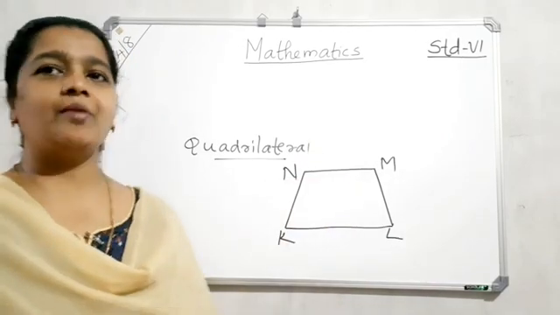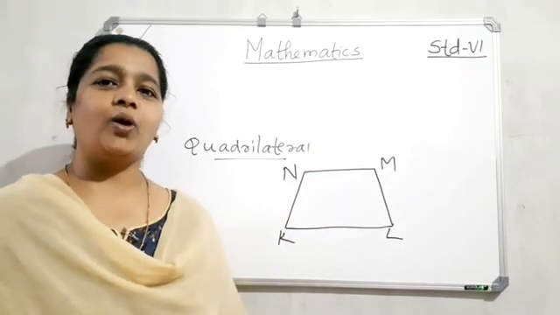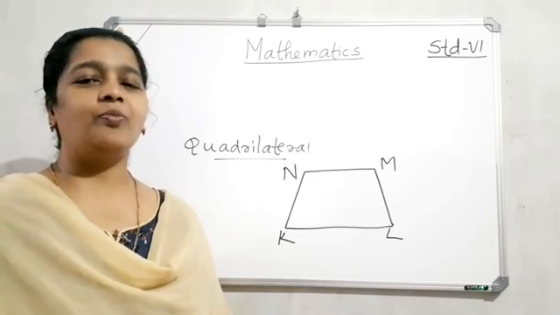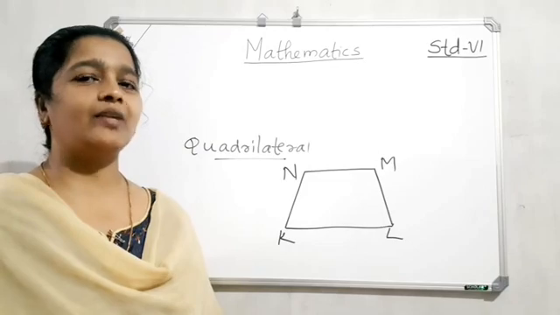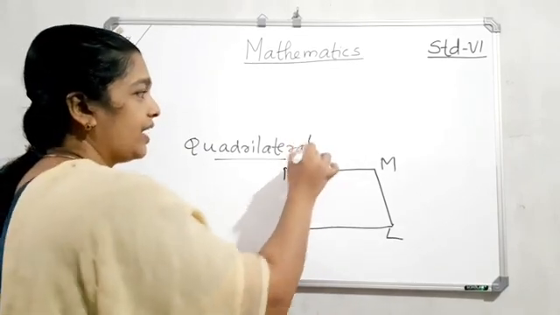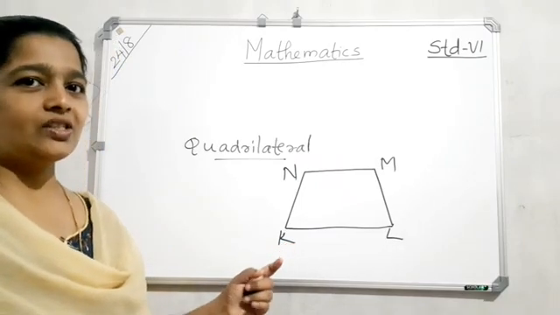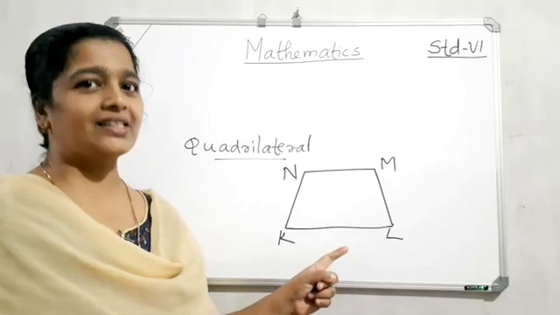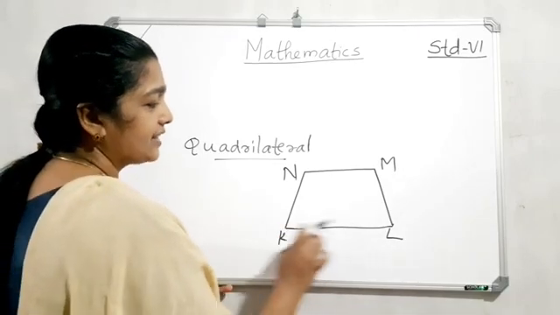Last day we studied about polygons. A polygon is made up of line segments. We studied the 3-sided polygon; next, the 4-sided polygon is known as a quadrilateral. How many sides are there?